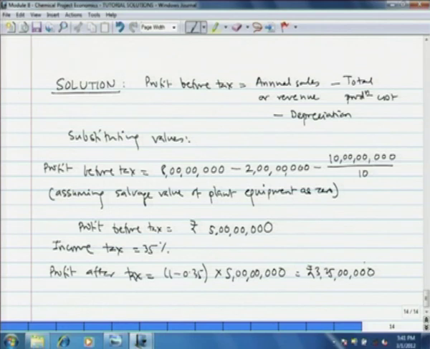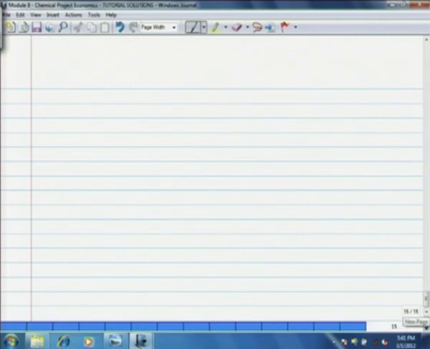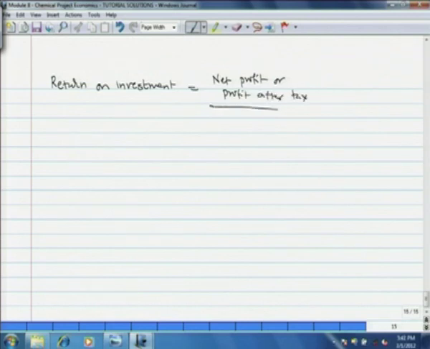Now, with this we have to calculate the return on investment. Return on investment is the net profit or profit after tax divided by the total capital investment.